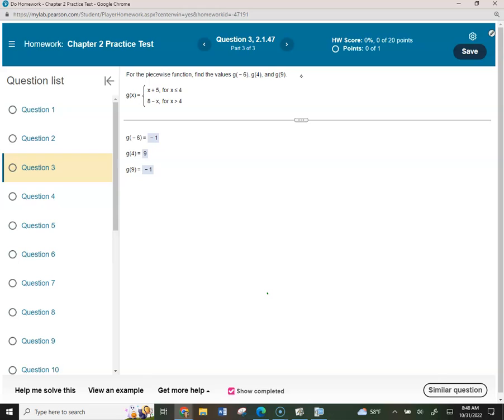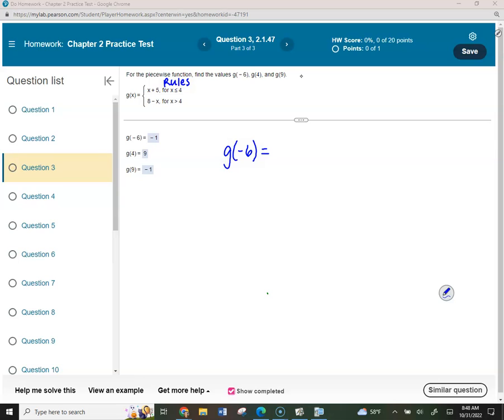Number 3 is evaluating a piecewise function. You just need to remember to focus on the rules first. If I'm evaluating g of -6, that means I'm plugging what number in? -6.